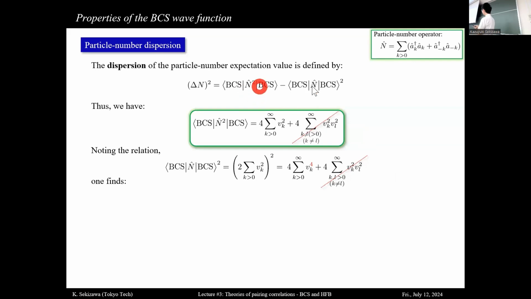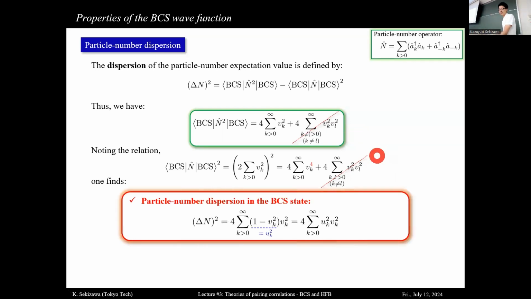Since we subtract this expectation value from this, those terms cancel out. So the final result is the following. The dispersion of the particle number expectation value in the BCS state can be given in this way.